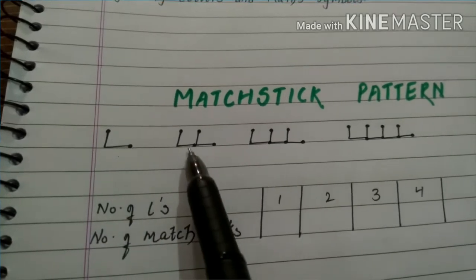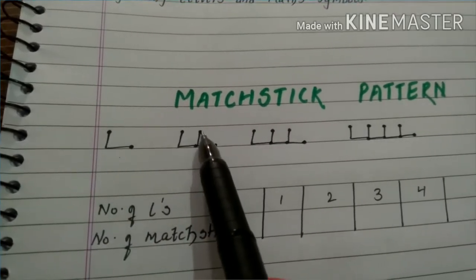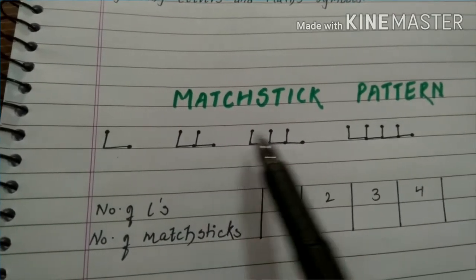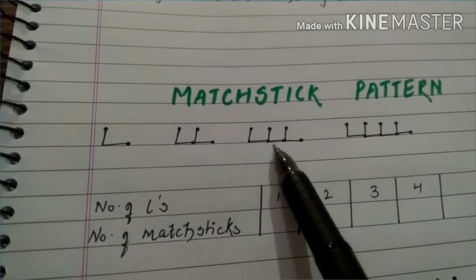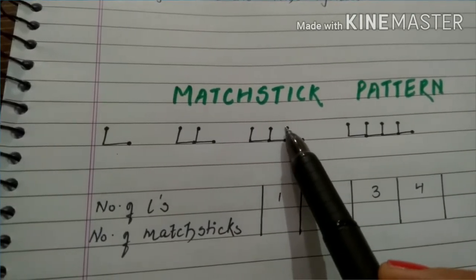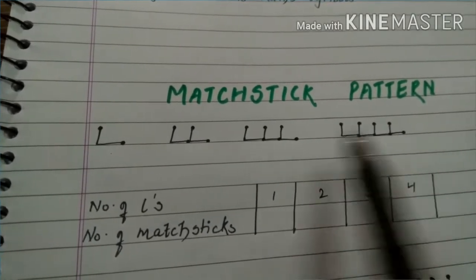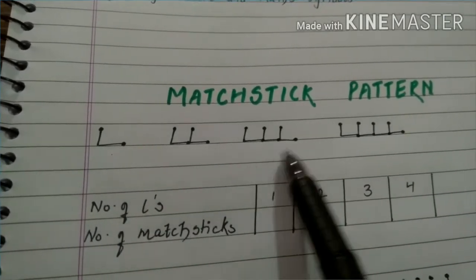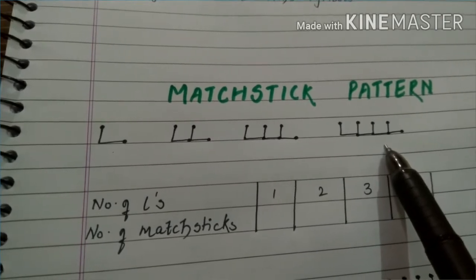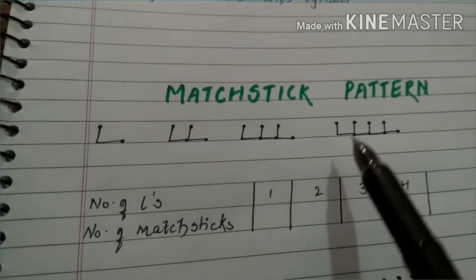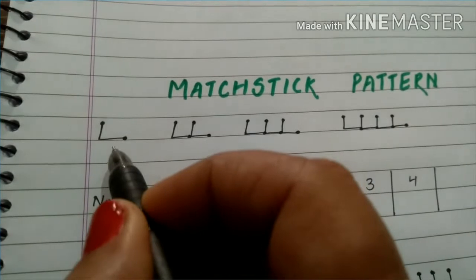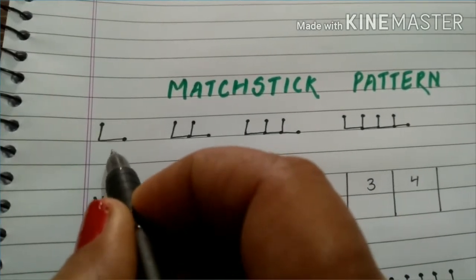If we add one more L, we need 2 more matchsticks. Similarly, for 3 Ls we need 2 more, and again for 4 Ls. So in every L, we can see we need to increase the number of matchsticks.